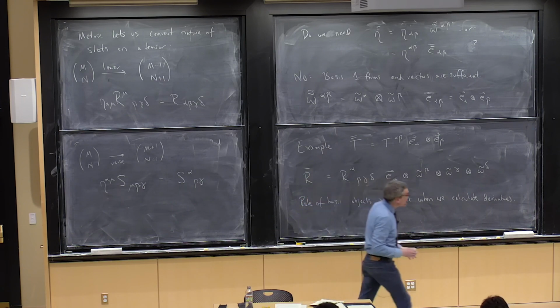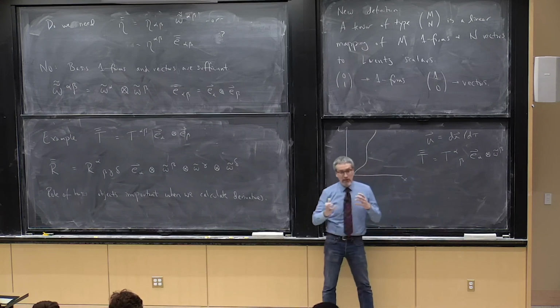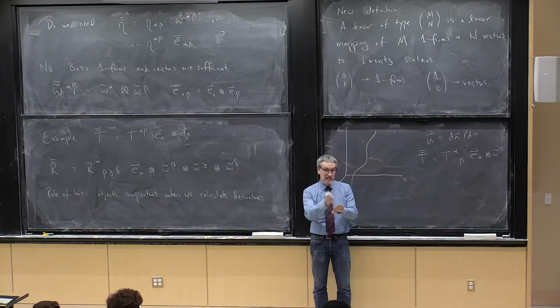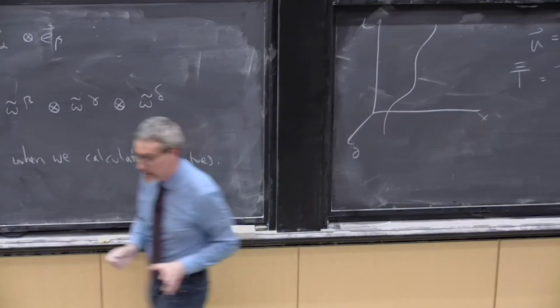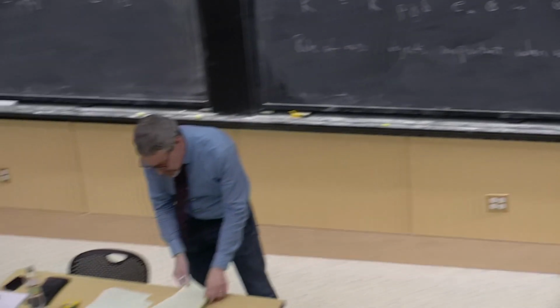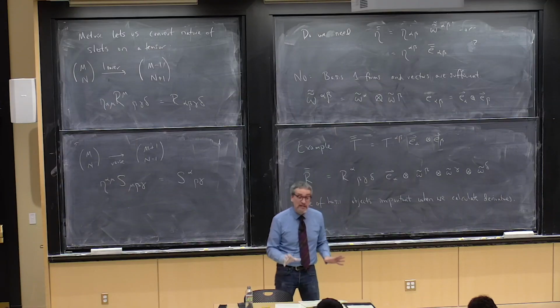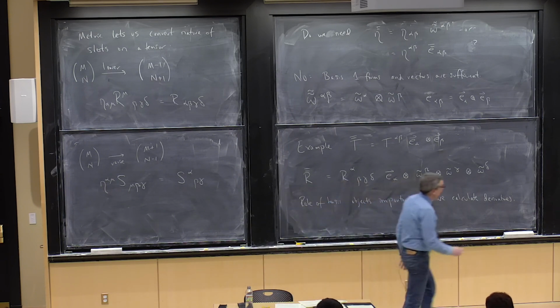In order to have a notion of a derivative that is a properly formed geometric object, I'm going to have to worry about how the basis objects change as I move along the trajectory as well. So that tends to make the analysis a little more complicated. I have a few notes about this that I will put up on the web page, but I don't want to go into too much detail until we actually get into the details of these derivatives. So I'm just going to leave it at that for now.